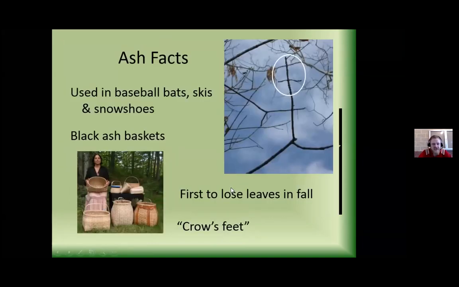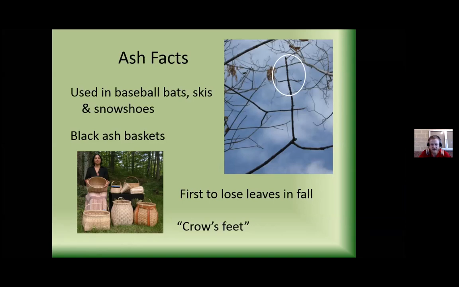All right, so ash, it's a tree that's definitely having some troubles right now. I think the emerald ash borer story is one that is widely known, and I work and live in the southern part of the state, and particularly in the southeast, there are a lot of dead standing ash trees. One of the characteristics you can find, because these trees are one of the first to lose their leaves in the fall, you can see the circle on the upper right there that shows the crowfoot branching pattern.